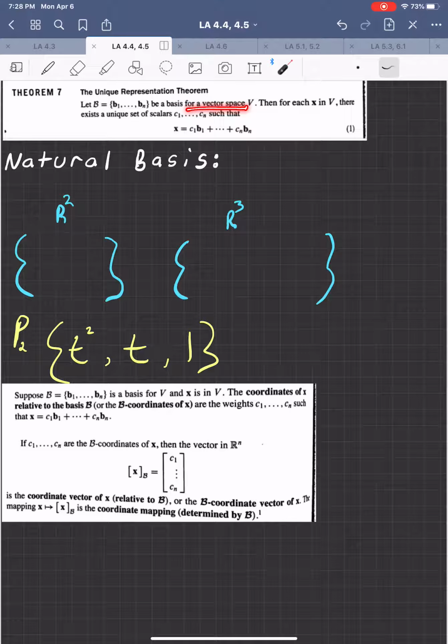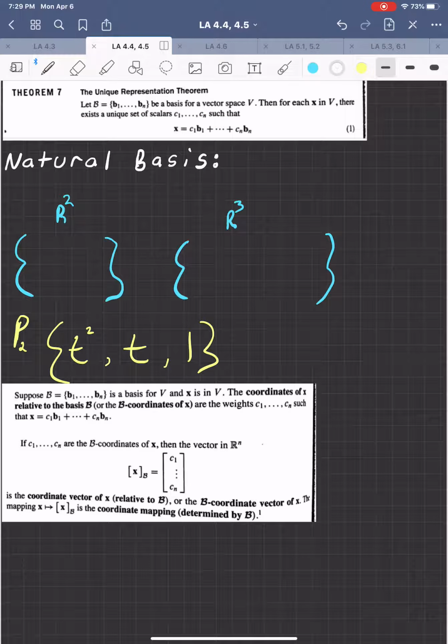All right, so we're assuming that they actually are a basis for a vector space. Then, for each vector in the vector space, there exists a unique set of scalars such that you can reach that point in the vector space by linear combinations of the bases.